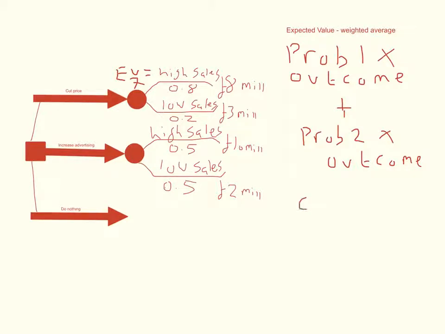So we've got 0.5 times 10 plus 0.5 times 2, which will equal 6 million. Again, we'll record this 6 million above the circle.